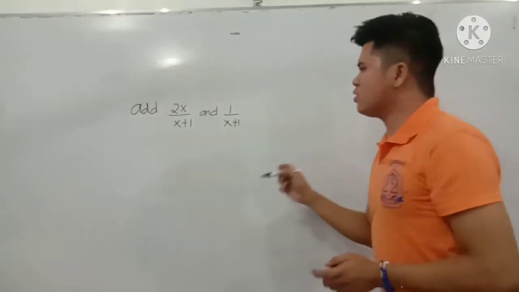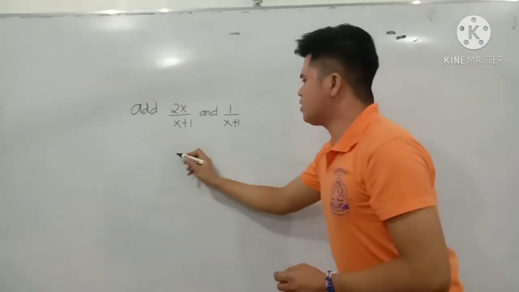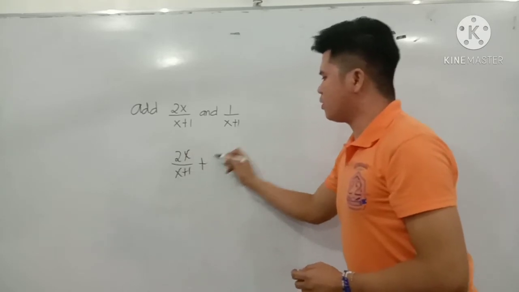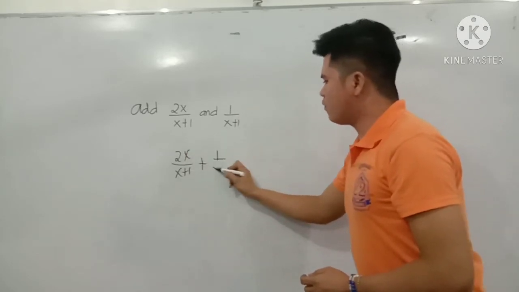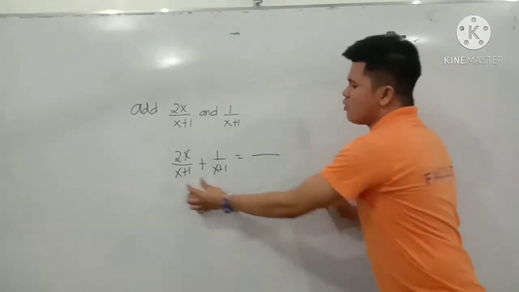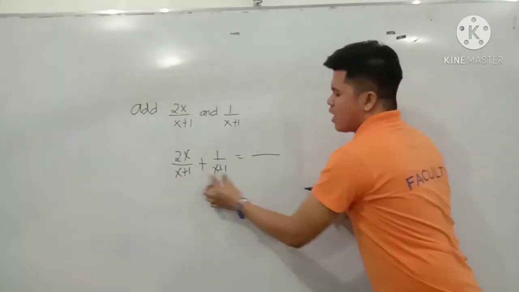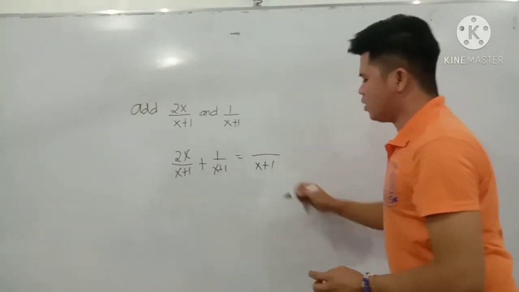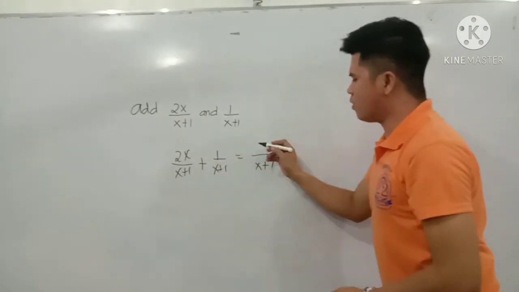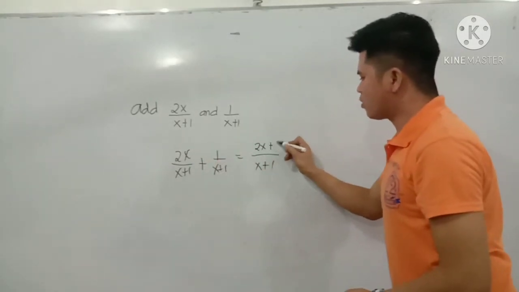Alright, so our solution: copy first 2x over x plus 1, then add 1 over x plus 1. Since our denominators are the same, we simply copy them, x plus 1, and then we add the numerators. So we have here 2x plus 1.